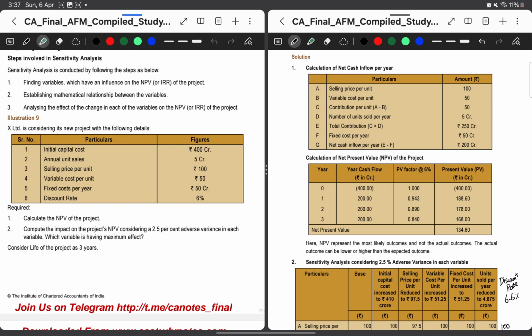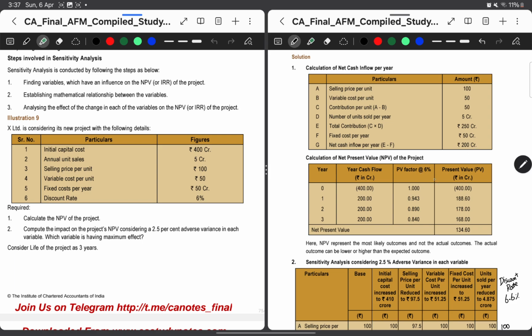The first part, calculating NPV, is simple. We'll take the selling price minus variable cost, then we have a contribution of 50 rupees per unit, which we multiply with the number of units sold per year, 5 crore units. Then we get a contribution of 250 crores and fixed cost is 50 crores. So net cash inflow per year, for a useful life of 3 years, is 200 crores.